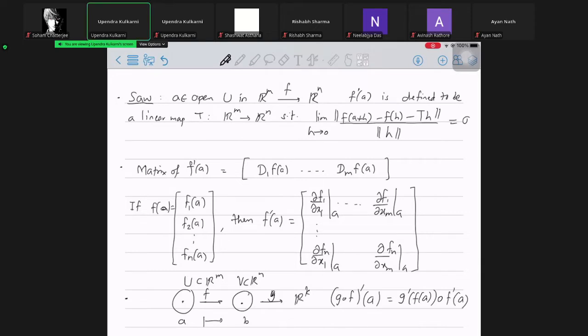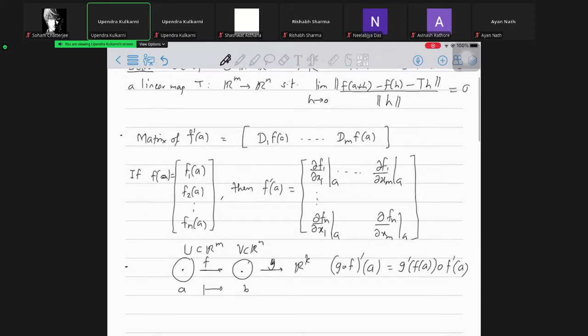So this is going to be composition of linear maps, which is the same thing as multiplication of associated matrices.